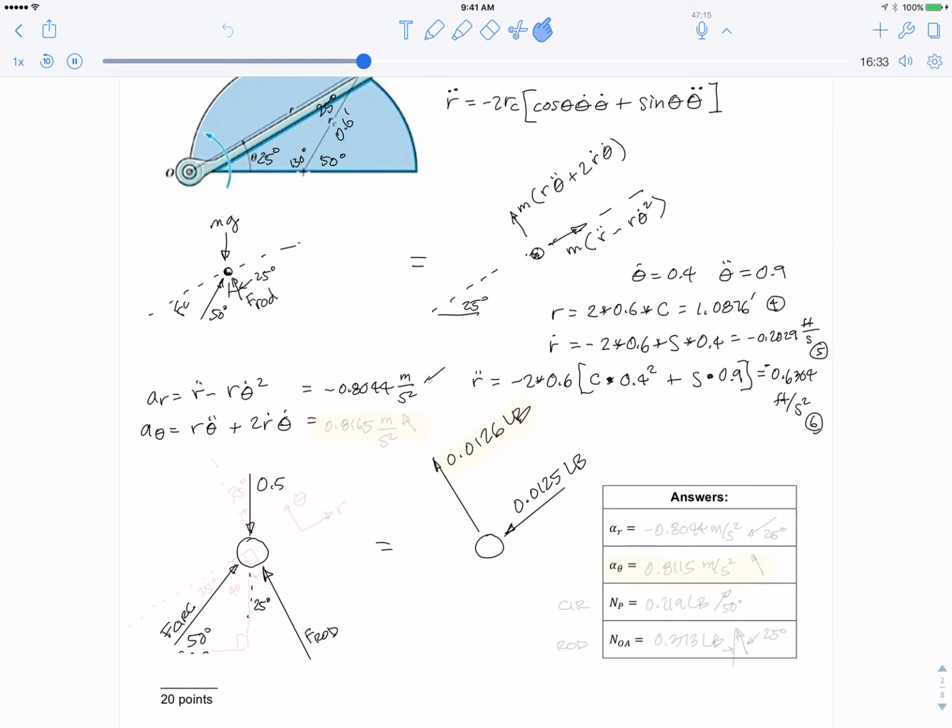Negative means it's going in. And plugging in the values for r dot, etc., I get 0.8165 feet per second squared positive, meaning going that way. So I'm going to write those in.